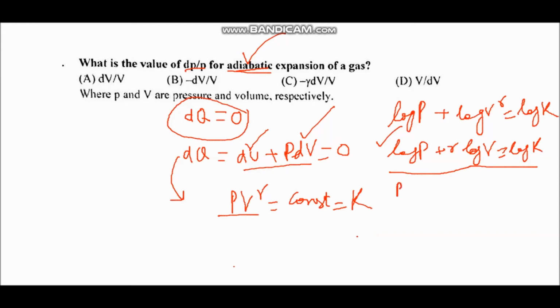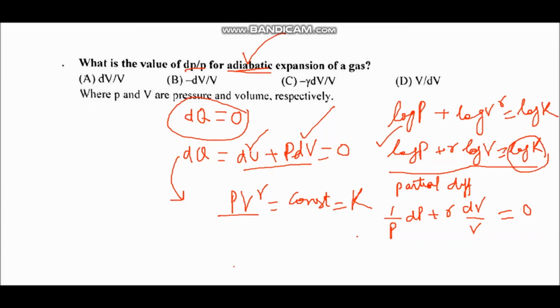After the partial differentiation we get 1 over P dP plus gamma dV over V, and the right hand side is constant, so its differentiation is 0.